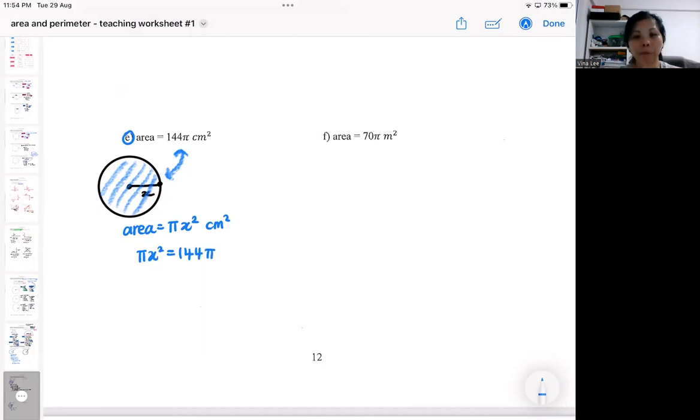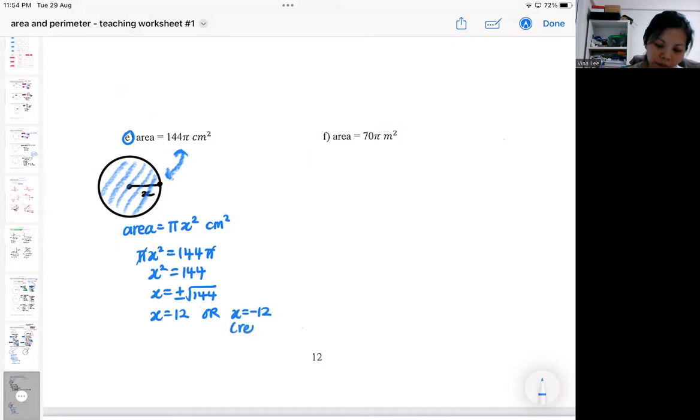Look at this. If both sides have a pi, that means they have the same numbers, so you can do a cancellation. Then you take the square root. You reject the negative square root because radius cannot be negative.